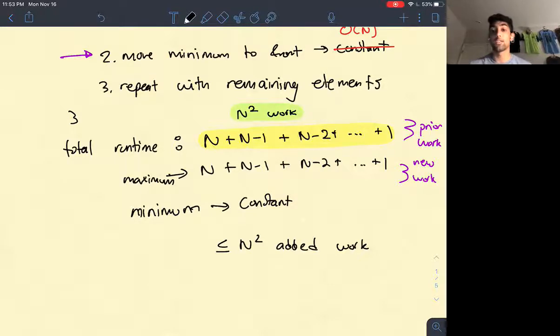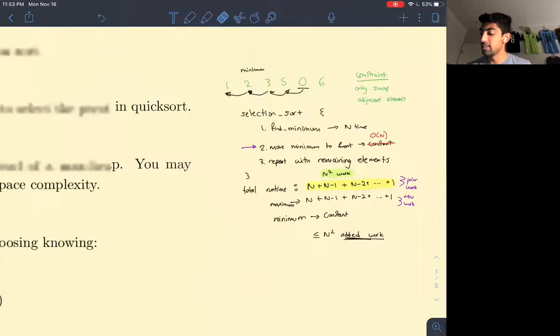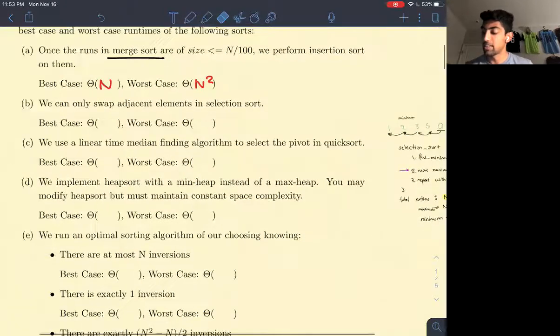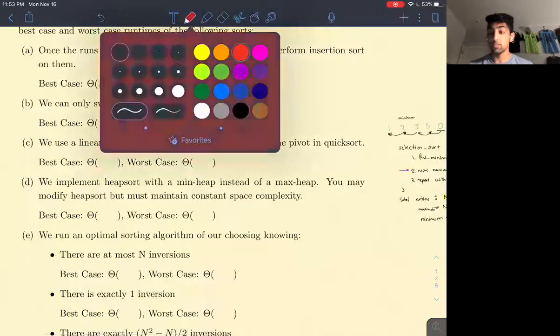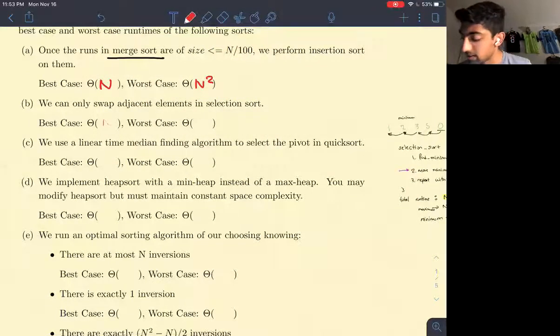The only way our function would actually change its runtime is if this added work that we're doing is greater than n squared, right? But if we're doing at most n squared work, then we're not actually changing the total runtime because n squared plus n squared is still n squared asymptotically. So with this in mind, we can see that the best case and worst case of selection sort is still n squared.